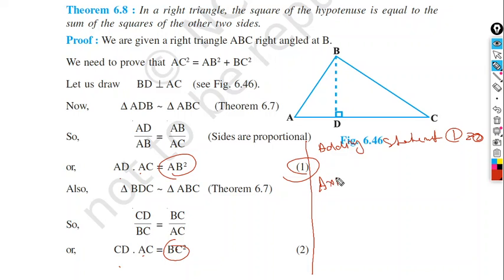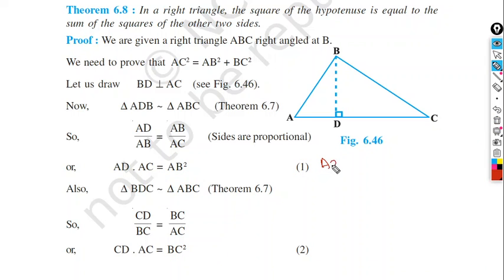AD into AC plus CD into AC will be equal to AB square plus BC square.